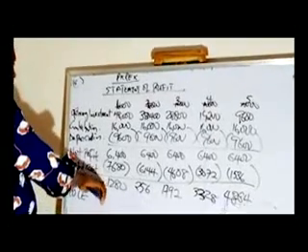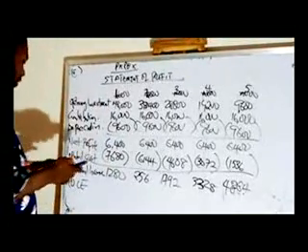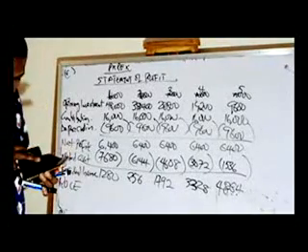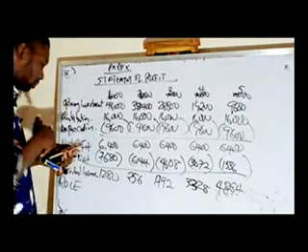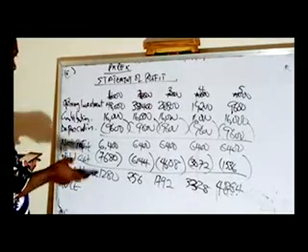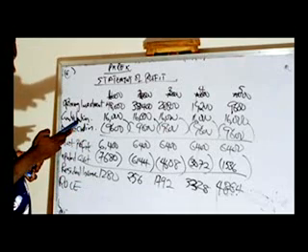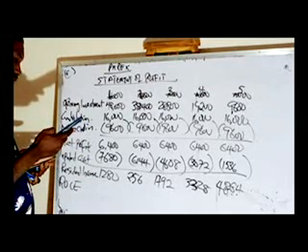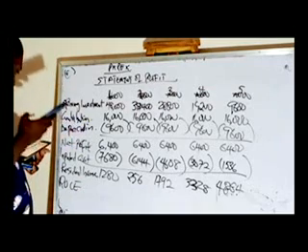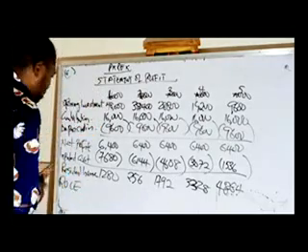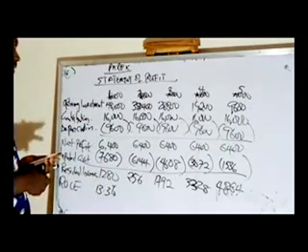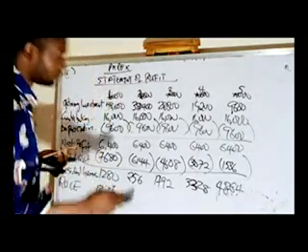So I'm going to say this net profit, which is 6,400 divided by 48,000 times 100. So which means 13.3%.